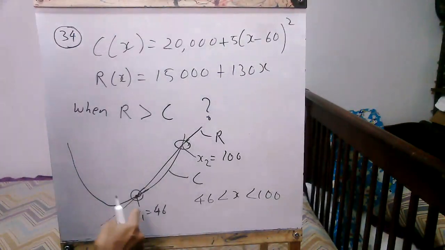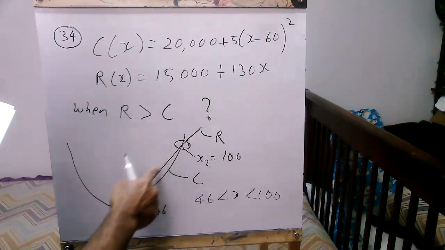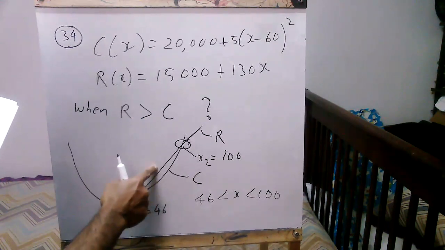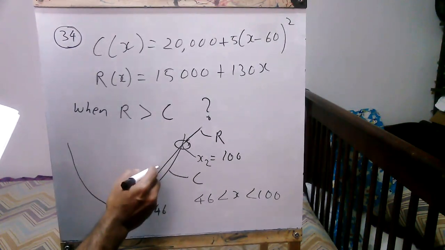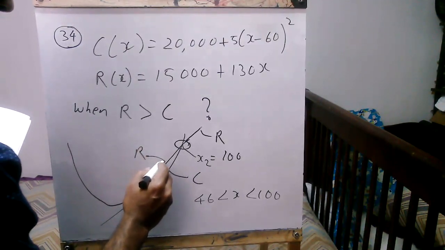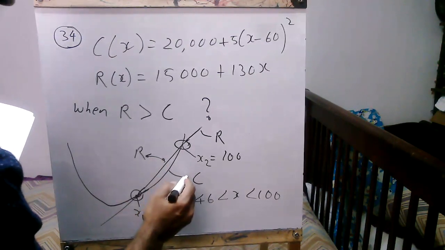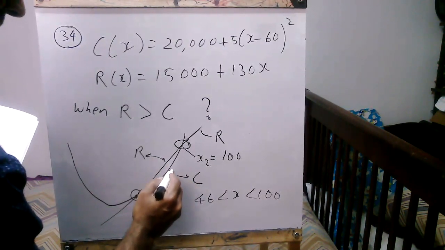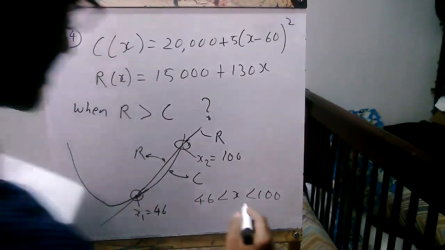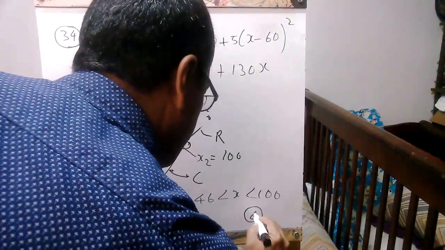It means when x is between these two points, R is greater than C. R is here, C is here. This is R. Right? And the answer choice is D.